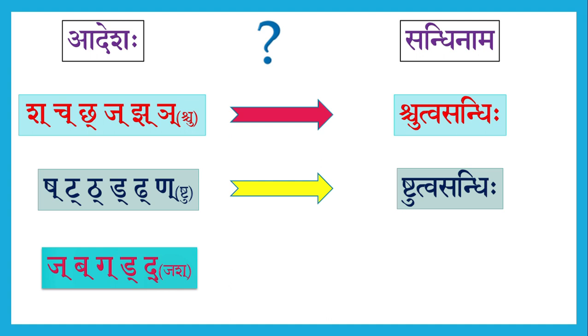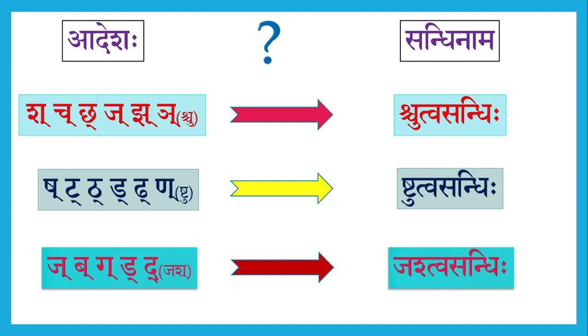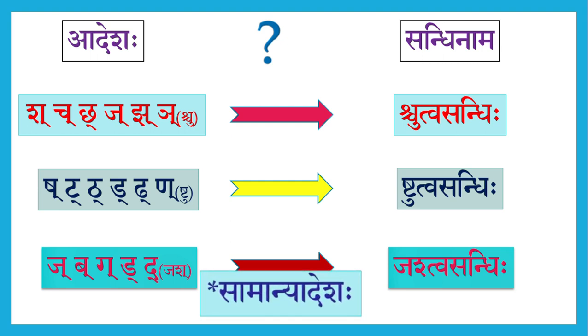According to Maheshwara Sutrani, the letters Ja, Ba, Ga, Da, Da belong to the group Jash. Hence, whenever there is an entry of any of these letters in a Sandhi, it is known as Jashtva Sandhihi. Always keep in mind, in Vyanjana Sandhihi, only Samanyadeshaha is visible. These are the three types of Vyanjana Sandhihi we have discussed so far.